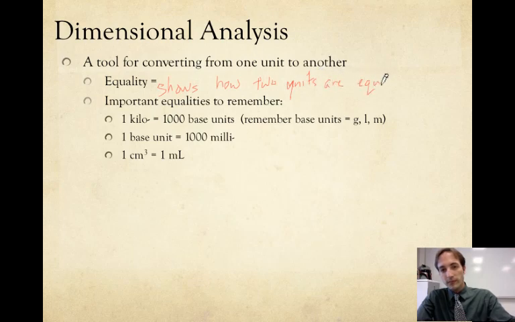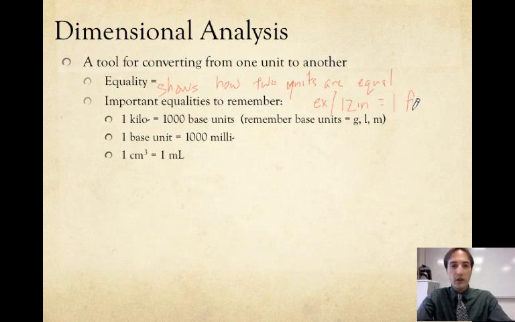So I'll give you an example. 12 inches equals 1 foot. We know that equality. As Americans, that's one of the equalities that we typically know. 12 inches equals a foot.